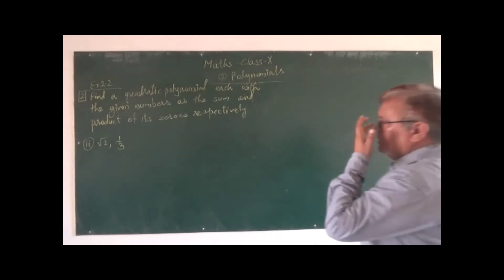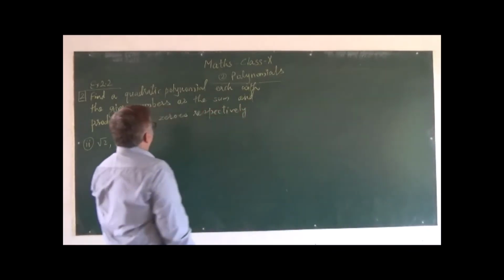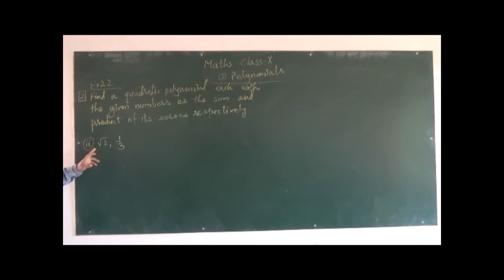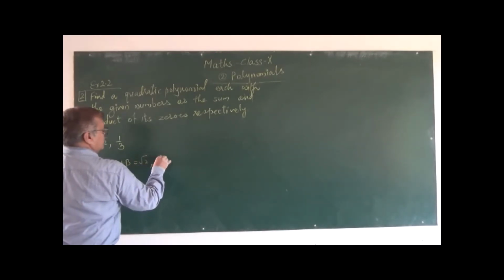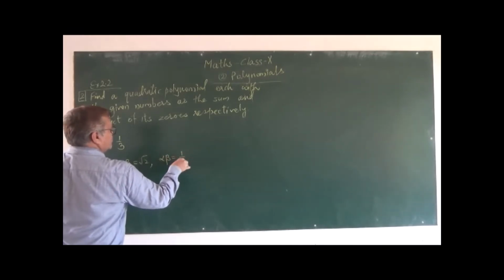Let us see some more examples of this type. Another one, when the sum of the zeros is root 2 and the product is 1 by 3. So here alpha plus beta is root 2 and alpha into beta is 1 upon 3.